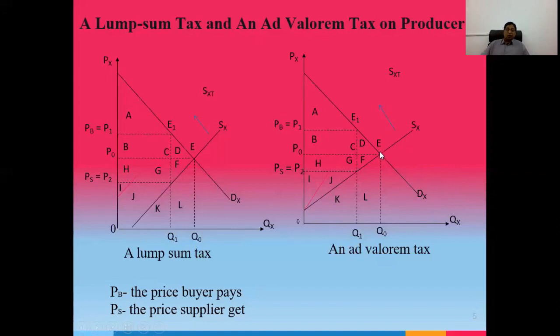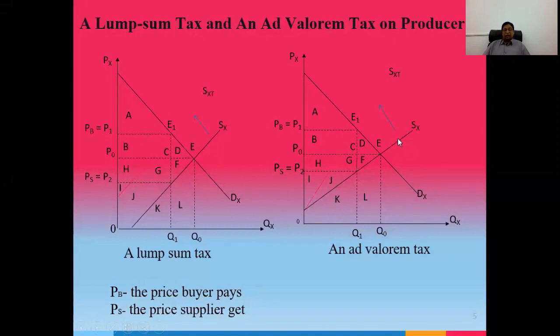Then equilibrium occurs at point E with equilibrium price P0 and quantity Q0. Consumer surplus is given by the area A, B, C, D. Producer surplus is given by the area I, J, H, G, F.